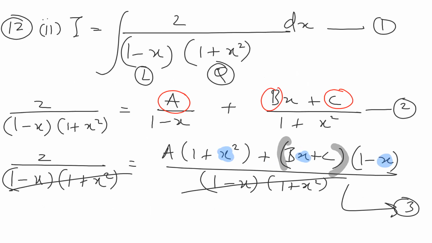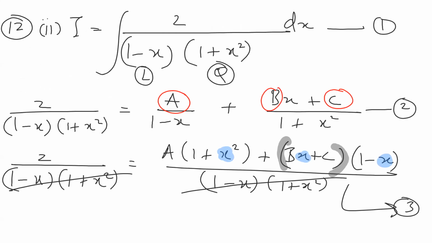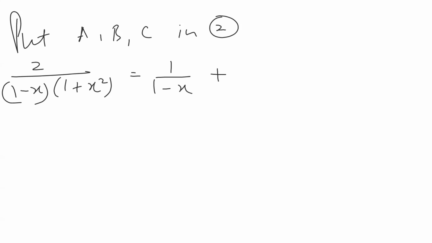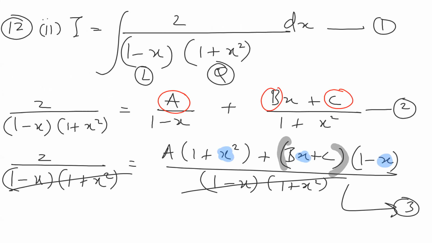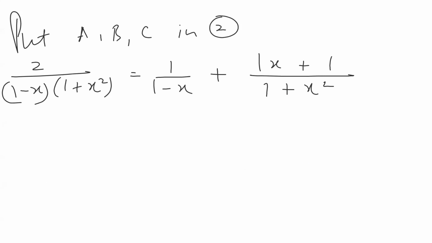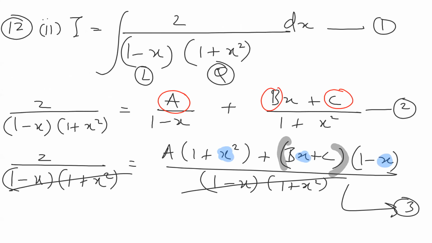So 2 upon 1 minus x into 1 plus x square equals a, which is 1, 1 upon 1 minus x, plus bx plus c upon 1 plus x square. So wherever there is a, b and c, I am putting 1 in equation number 2. Right. Now from 1, integration. Look at equation number 1. We have got the value of this.